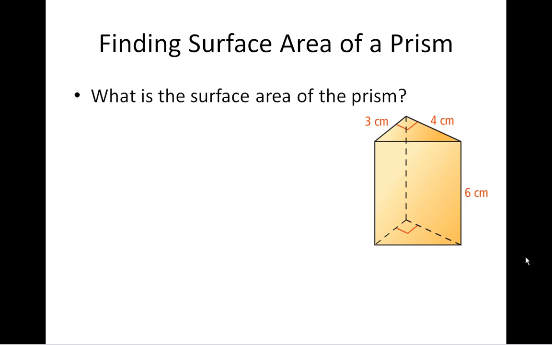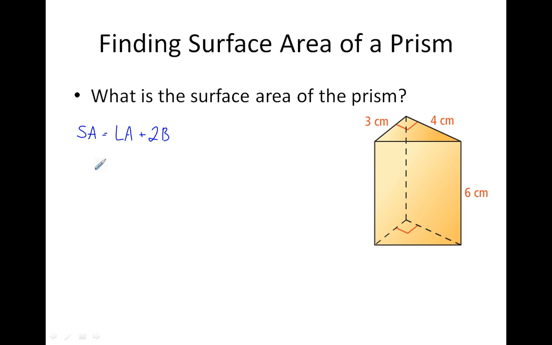So in this figure, we want to find the surface area of this prism. The bases are the 2 triangles, right? And then we have the lateral faces, which are the rectangles connecting them. So remember, surface area is lateral area plus 2 times the area of the base.